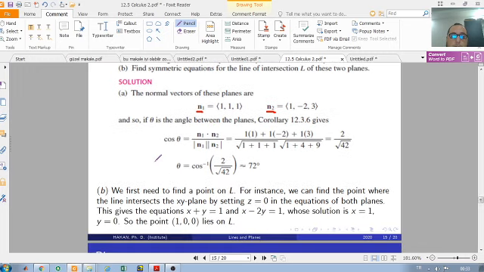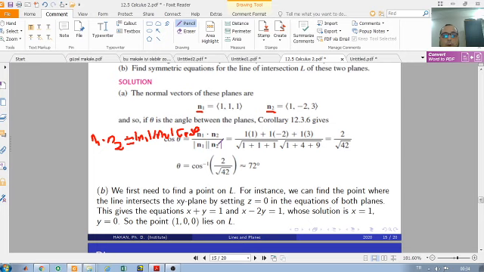And theta is the angle between the planes, actually it is the angle between the normal vectors. By using the geometric interpretation of the inner product, you know, n1 inner product n2 is equal to the length of n1 and the length of n2 times cosine theta, if you remember, and from here cosine theta becomes the inner product over the multiplication of the lengths of the normal vectors.